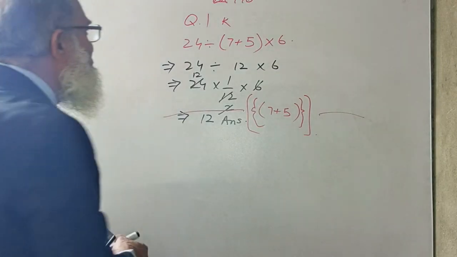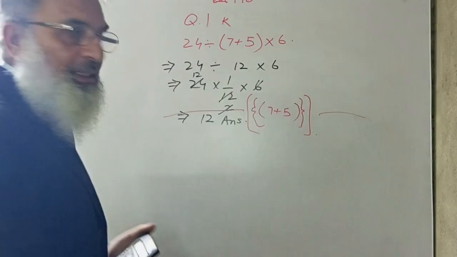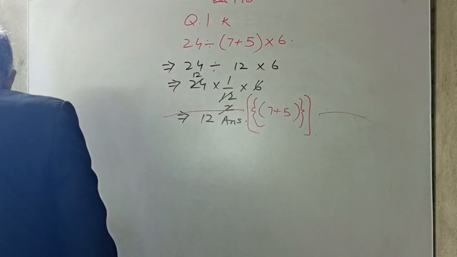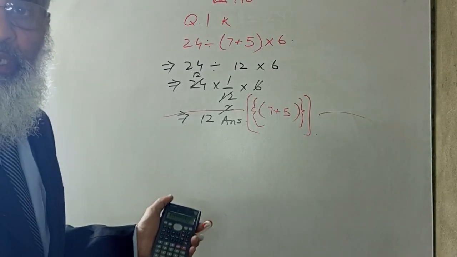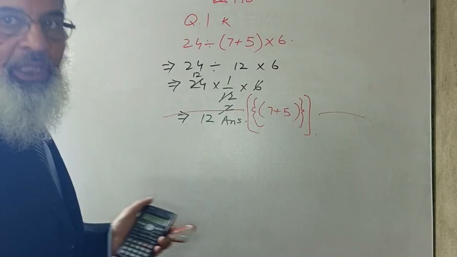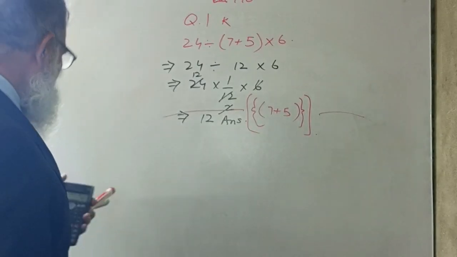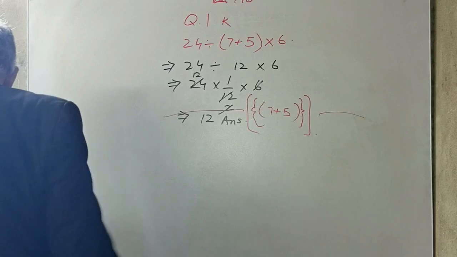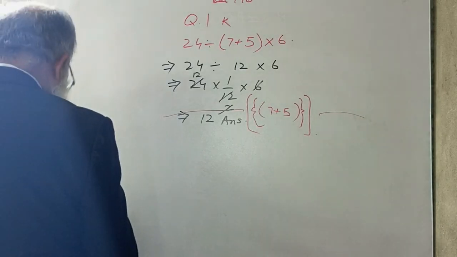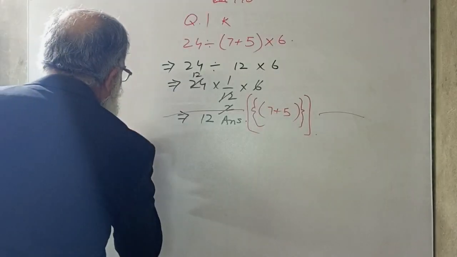But question number 2 of the same exercise, we have to do it in your exercise notebooks and also with the calculators. So let me select one question from question number 2.